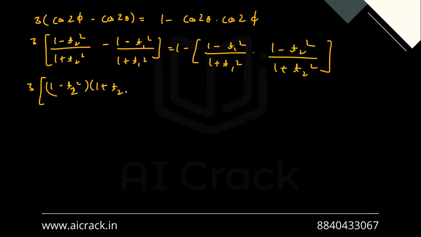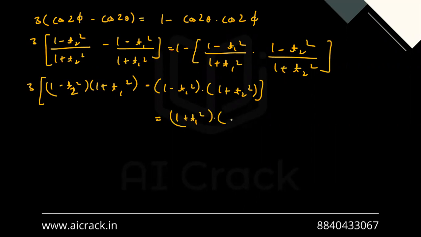This is equal to, again we'll have to do cross multiplication over here, (1 + T1²)(1 + T2²) minus (1 − T1²)(1 − T2²). Basically the denominator got cancelled from here and here, when we took the LCM.